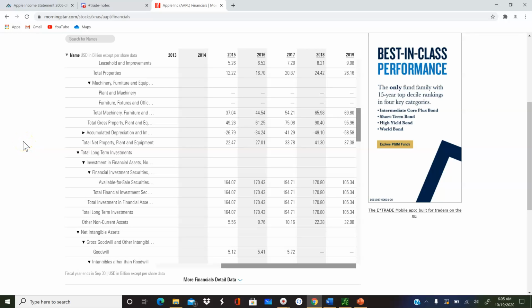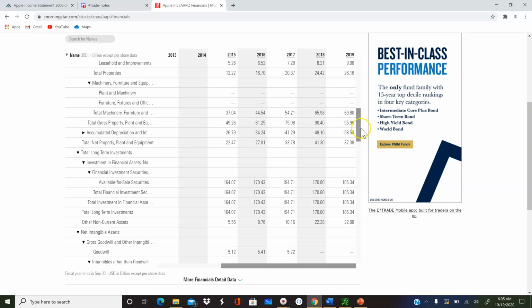Calculating net PPE can be a little tricky, but basically you take the current year's total PPE and subtract the previous year's PPE, and then you want to add the depreciation number in there, and that gives you your total net PPE. So, moving on, net sales divided by net PPE gives you your fixed asset turnover ratio.